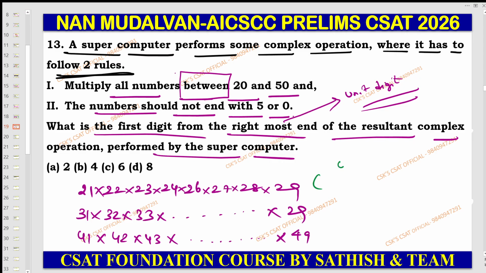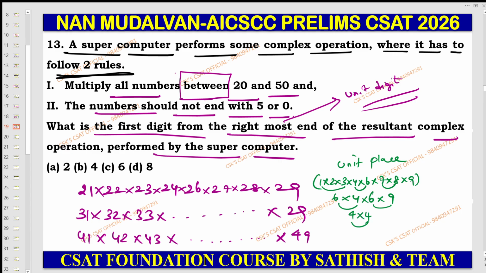So take 1 into 2 into 3 into 4 into 6 into 7 into 8 into 9. Focus here: 6, 24, so therefore 4, 56, 6, 9. I am focusing only on the unit place because the question is about the unit place. 24, then 54, so 4, 16, 6 is the unit place.